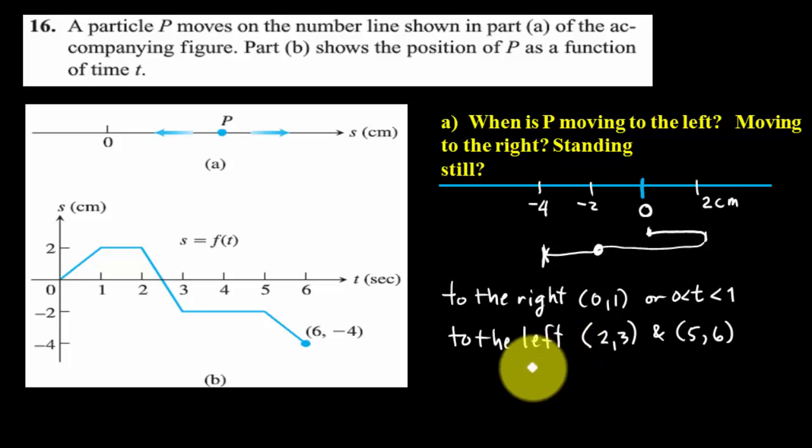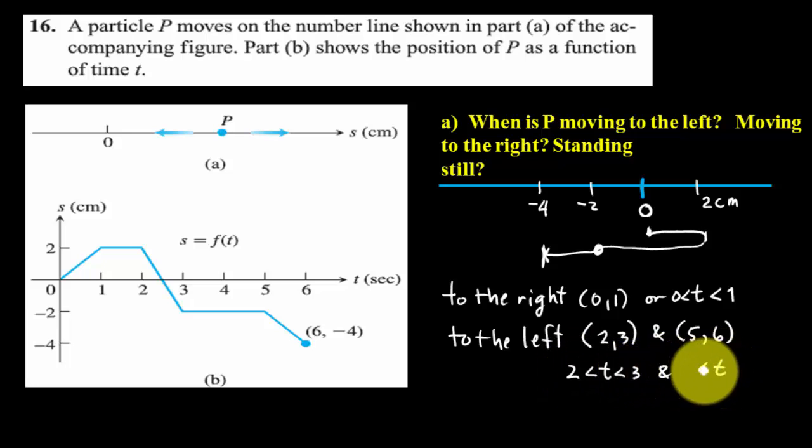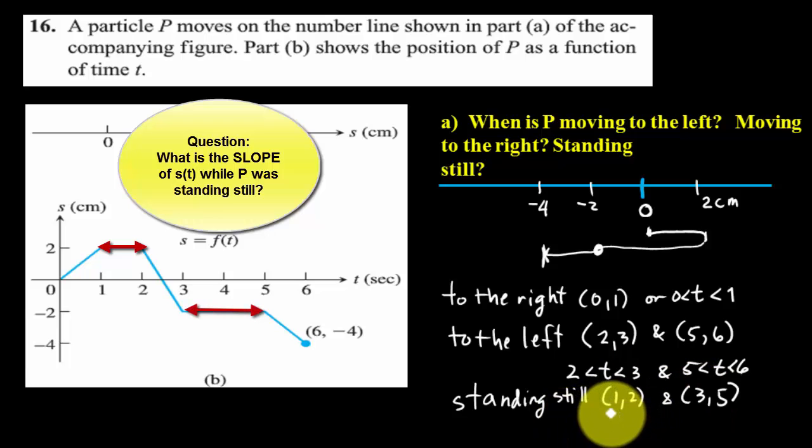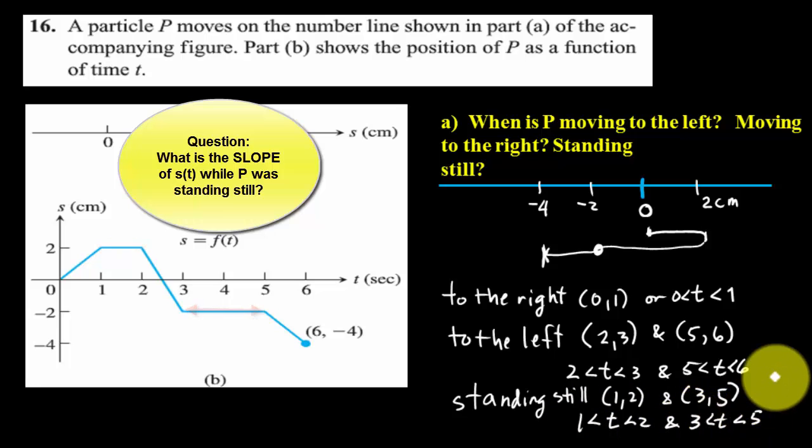So if you want to write that in inequality form, it's t between 2 and 3 and t between 5 and 6. And where is it standing still? What are the intervals where it was stationary? It's from 1 to 2 and also from 3 to 5. And in inequality notation, that means t between 1 and 2 and t between 3 and 5 seconds.